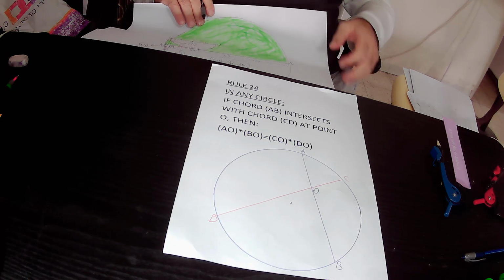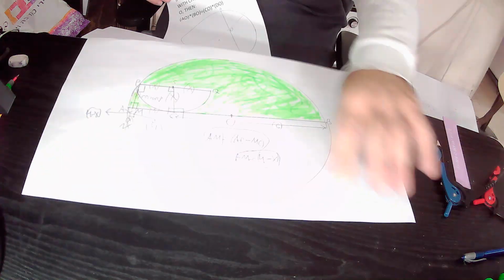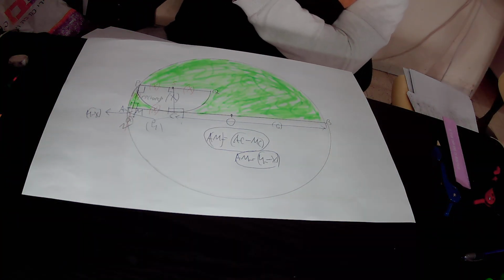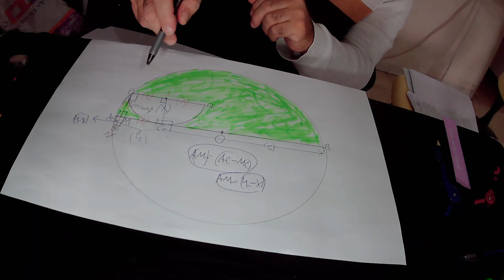So we can implement rule 24 in our drawing. We have chord AB, the diameter of this big semicircle.